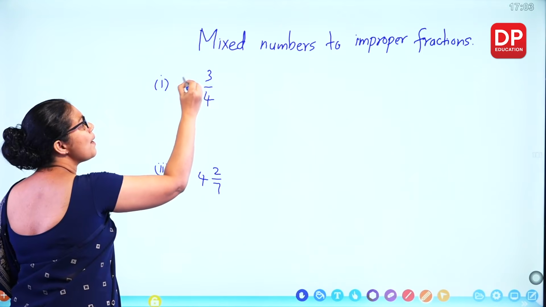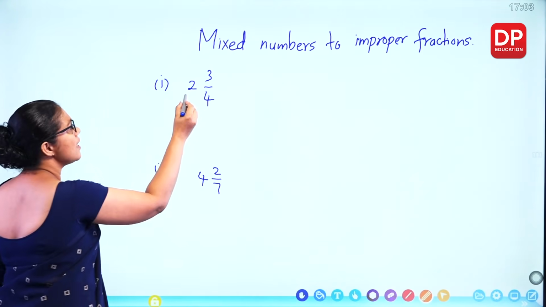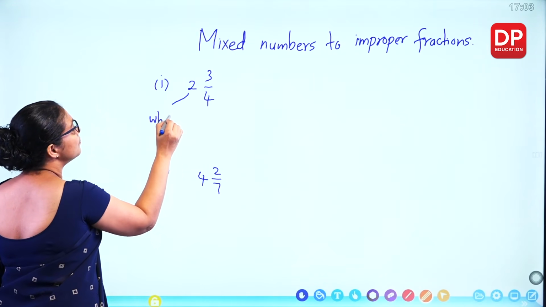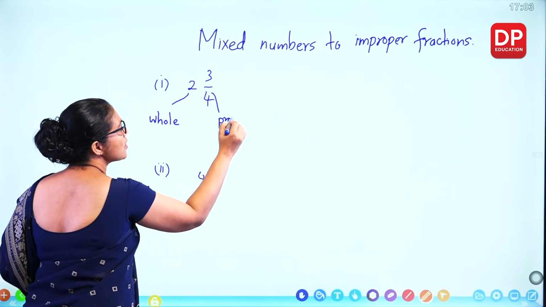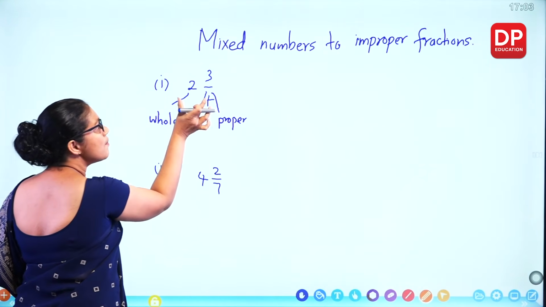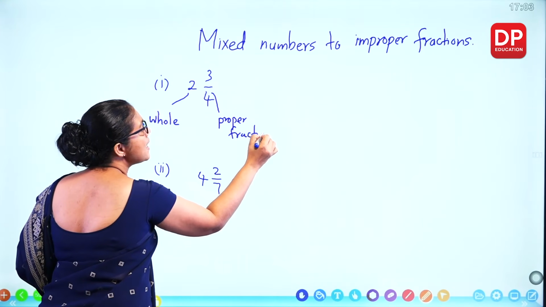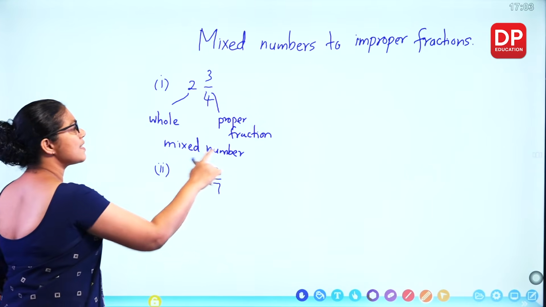You get a whole number and a proper fraction part. We call these two together a mixed number. Not a mixed fraction, mixed number.